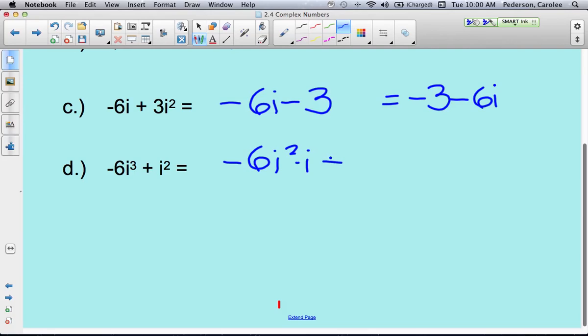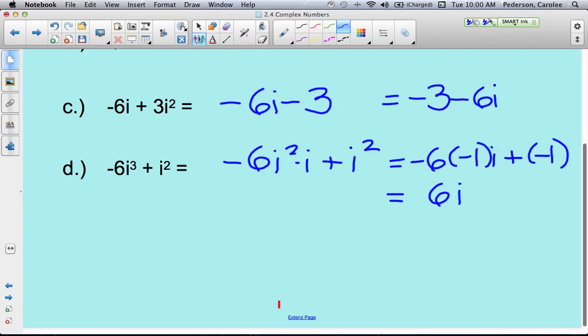Now what do I do with those i squareds? Replace with negative ones. Now combine my like terms: negative 6 times negative 1 is positive 6i, and then negative 1. And then rewrite to standard form, the real part first, then the imaginary.